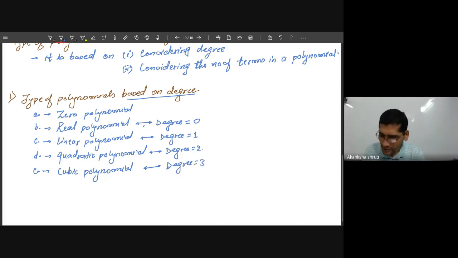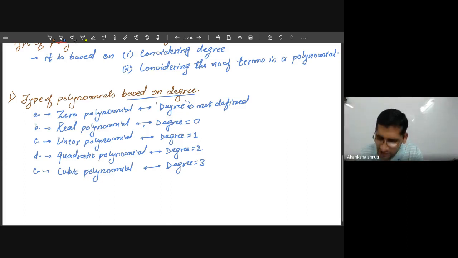Now students, what about the zero polynomial? What is the degree? Understand this. Here the degree is not defined. Not defined means we cannot write that degree as any number, either positive, negative, or anything. So that cannot be defined.